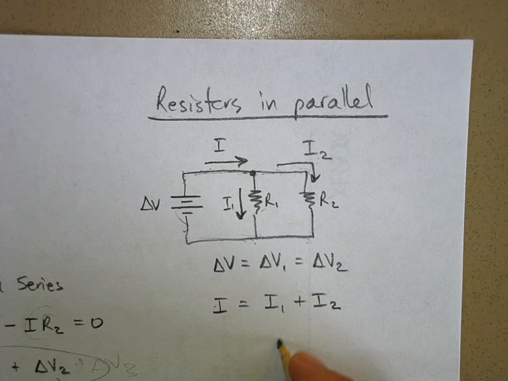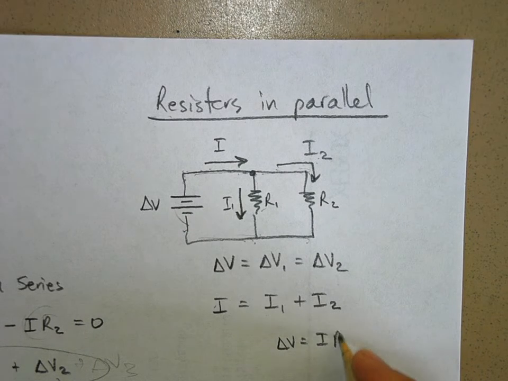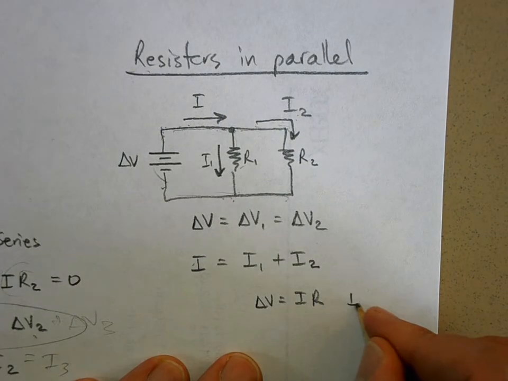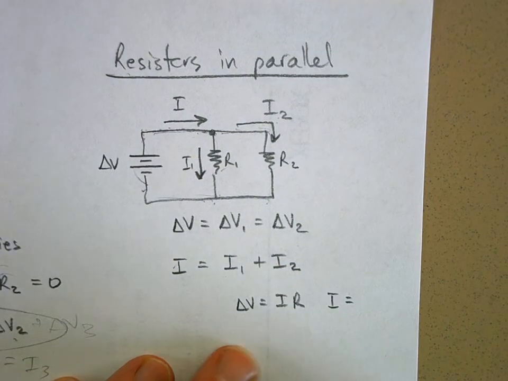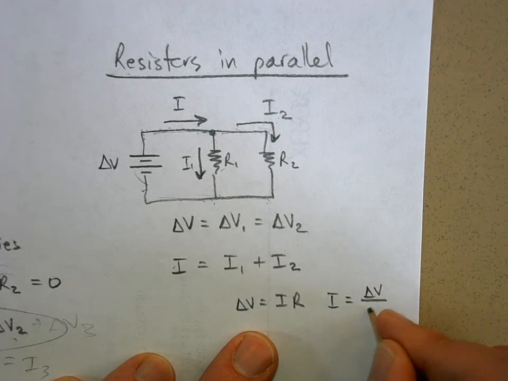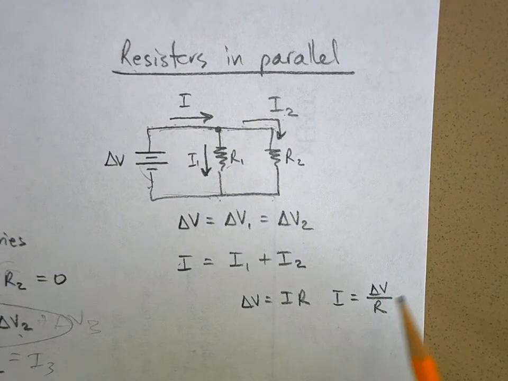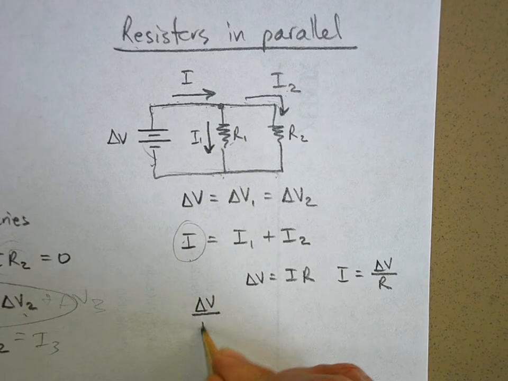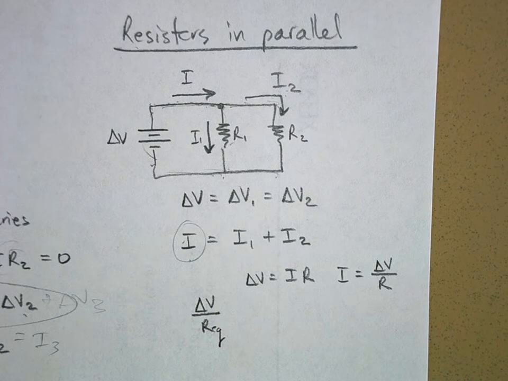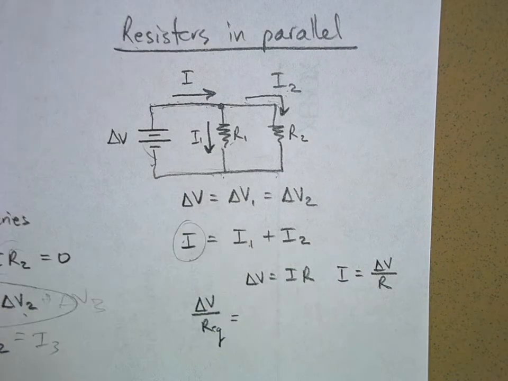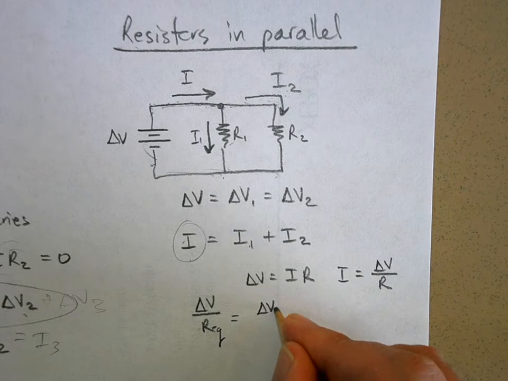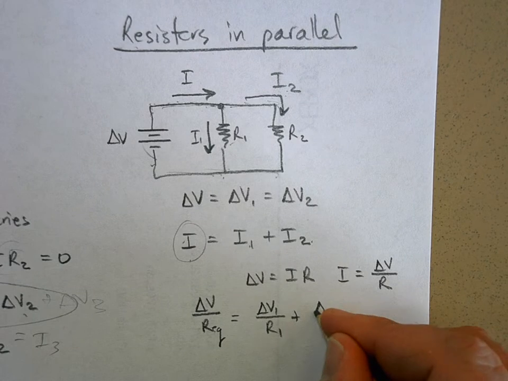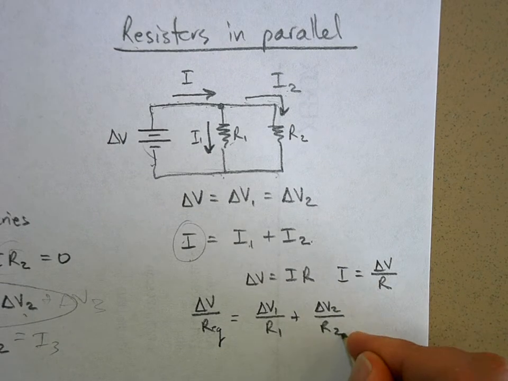Well, delta V equals IR. So the current is equal to delta V over R. So this is the total current, which means it's equal to the total voltage divided by the total or equivalent resistance. And that's going to be equal to I1 plus I2. But I1 is going to be delta V1 over R1 plus delta V2 over R2.